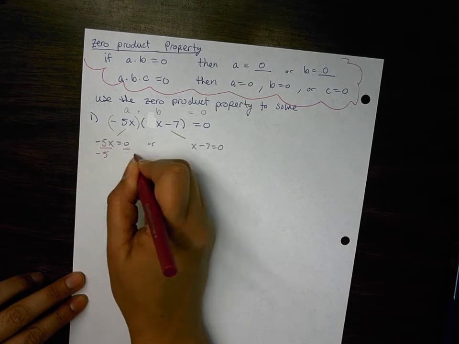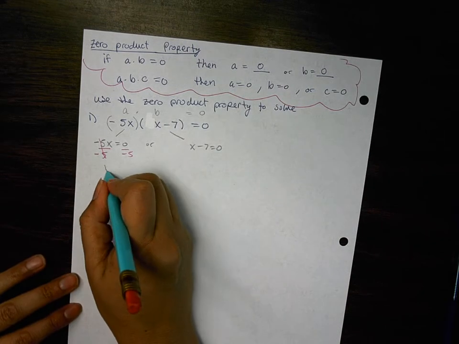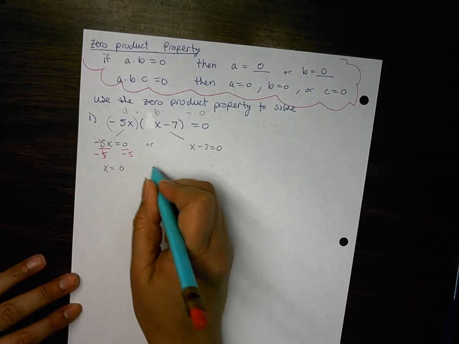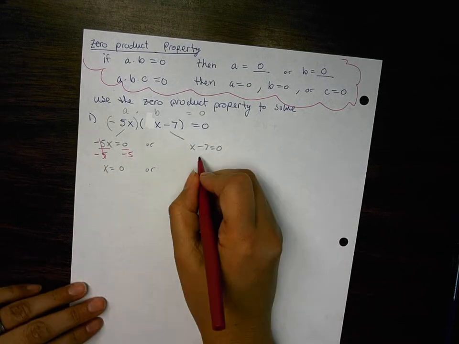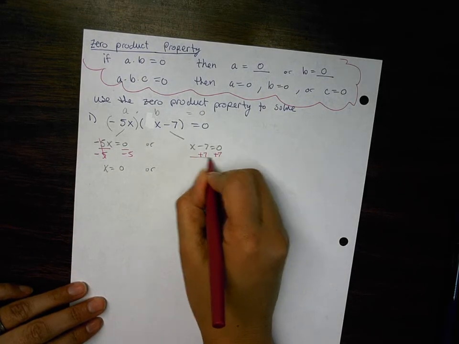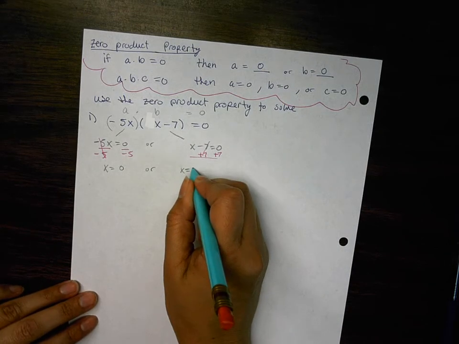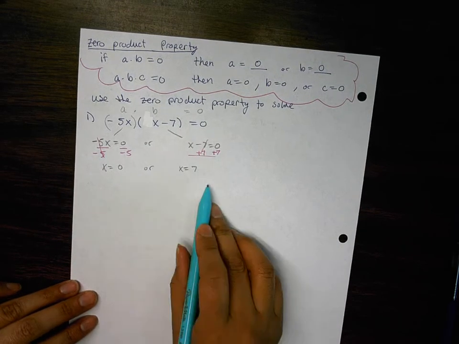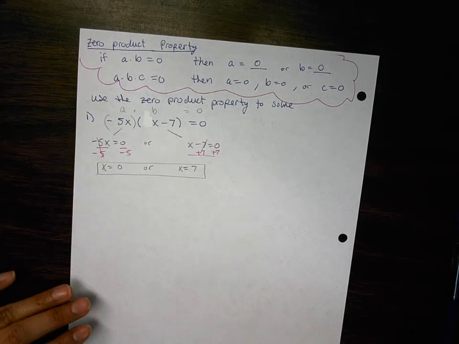Negative 5. X equals, what's 0 divided by negative 5? 0. Or, what do I get here? What do I add to both sides? 7, and 0 plus 7 is 7. How many solutions did I end up with? 2. X equals 0 or x equals 7.